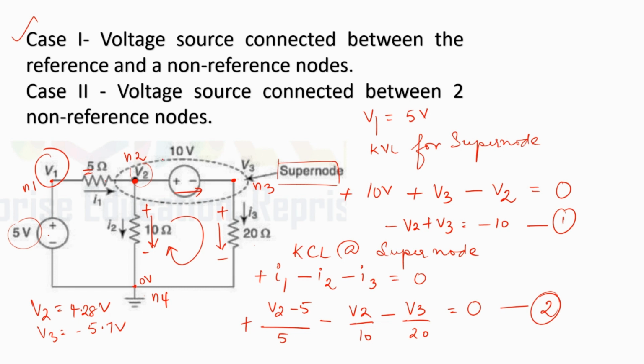But since V1 is equal to 5 volts, we can directly write it as V2 minus 5 by 5. So that is the advantage of considering this particular case 1 for this circuit, right? So considering this to be a super node, in this manner, we can simplify some really complicated circuits containing voltage sources in it.